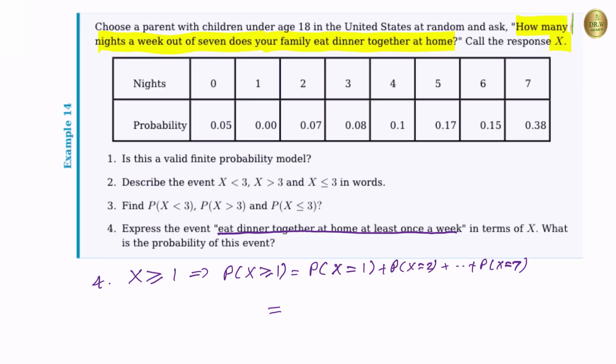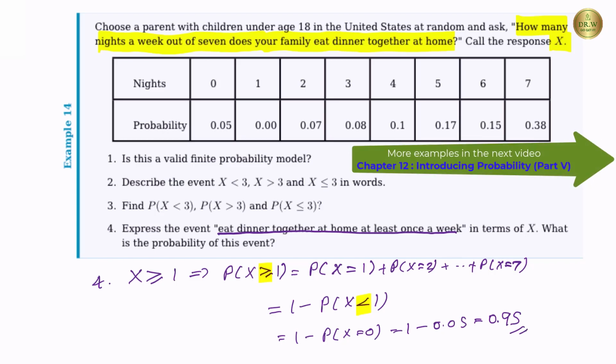Probability x greater than or equal to 1 is 1 minus probability x less than 1. Again, here it is greater than or equal, so we write only the strict part. What are the numbers with x less than 1? We have only x equals 0. Then 1 minus probability x equals 0, which is 0.05. The answer is 0.95. That is the probability x greater than or equal to 1.